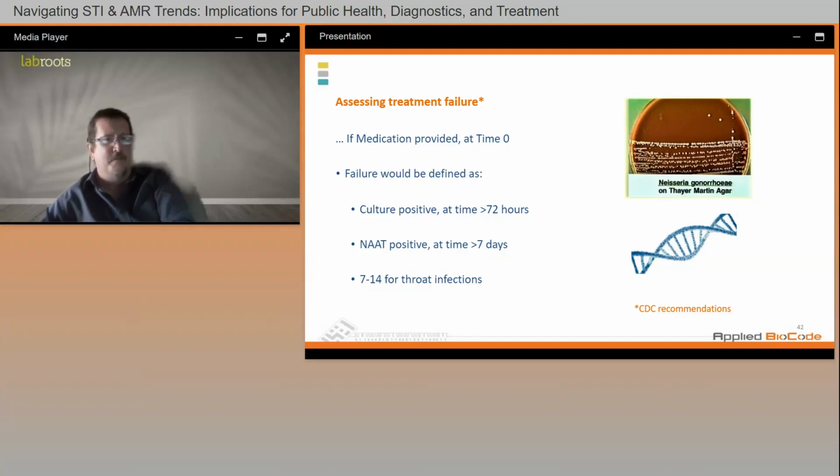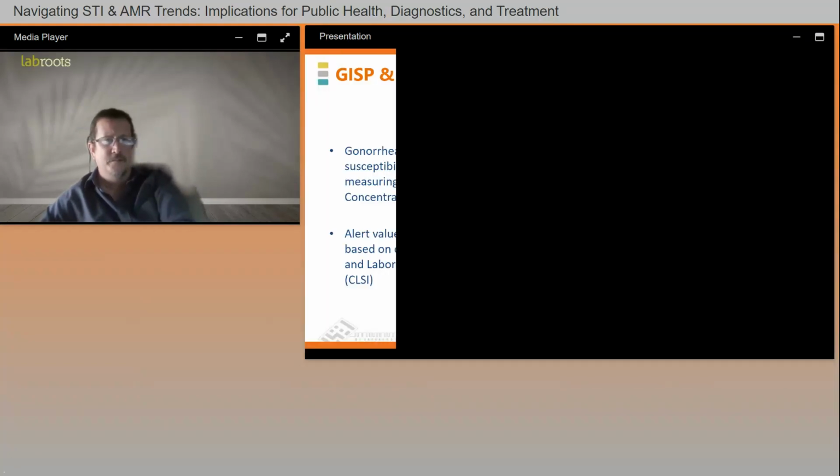So if you come in for a test of cure after you've been treated for gonorrhea and you're still positive on a NAT test more than 7 days later, it's considered a treatment failure. For throat infections, or pharyngeal as we may call them, it might be out 7 to 14 days, maybe as far as 14 days or 2 weeks later, they'll come and test.